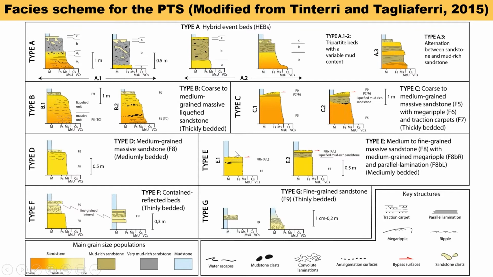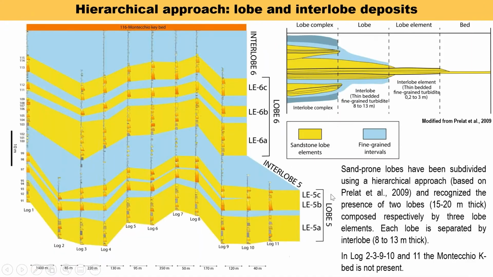While type D and type E are the equivalent of type B and C, but are composed of medium-grained sandstone, type F, which contains reflected beds, is principally located in the interlobe. And finally, type G are thin-bedded fine-grained sandstones.